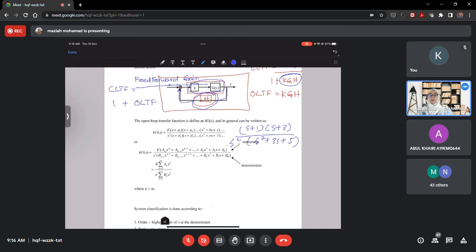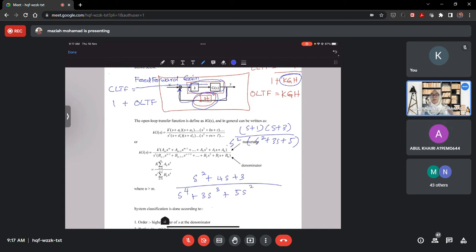So you may find this kind of transfer function, or you may also find the transfer function in a polynomial form, meaning we're going to expand that. So we may have s square plus 4s plus 3 divided by, plus 3s cube plus 5s square.